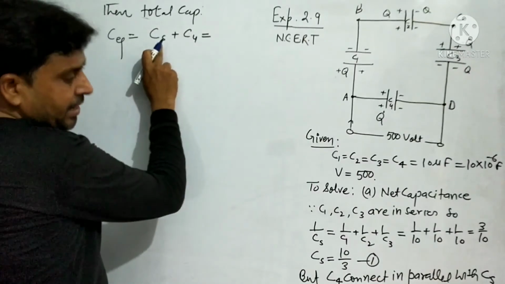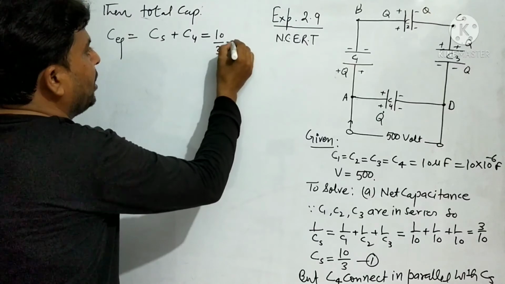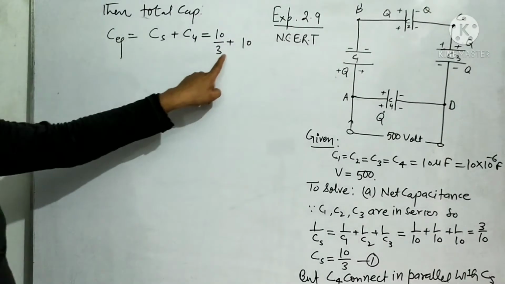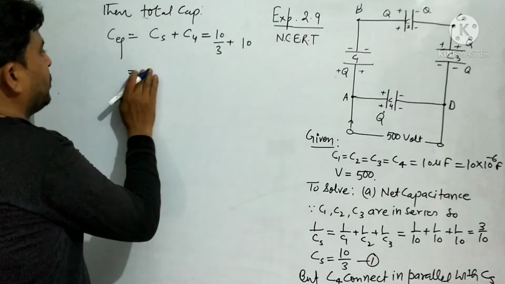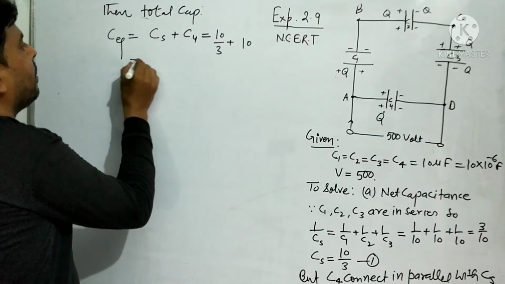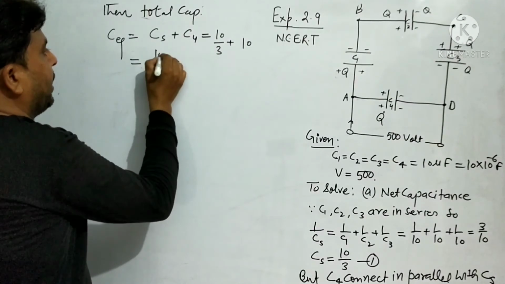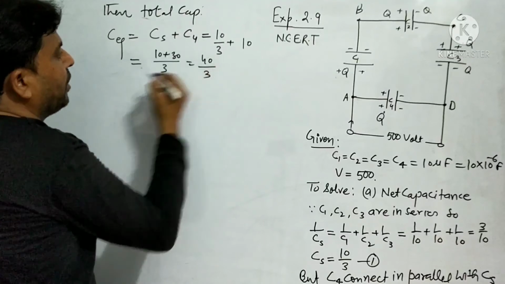That is C5, how much is here? 10 over 3. 10 over 3 plus C4, how much? 10 over 3, take LCM, that is 10 plus 30, means 40 over 3.